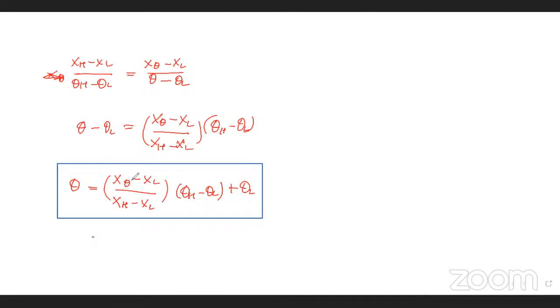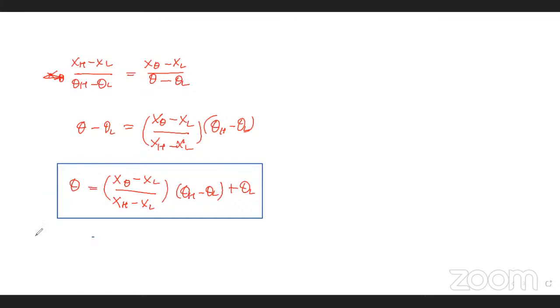Then by using this equation, you can find any unknown temperature. To use this equation, the thermometric property should be a linear, continuous, single-valued function of temperature. If not, you cannot use this equation. That's why that condition is given, right?